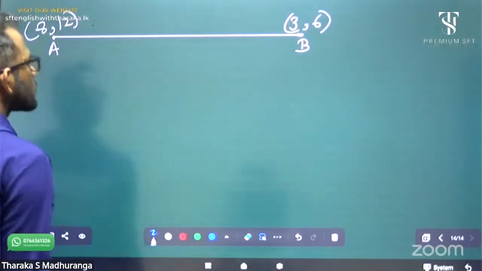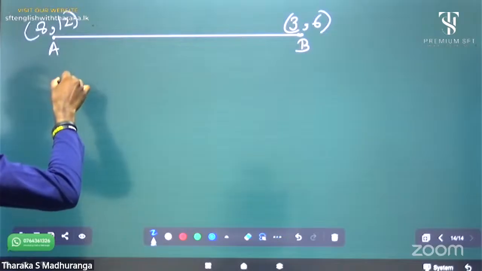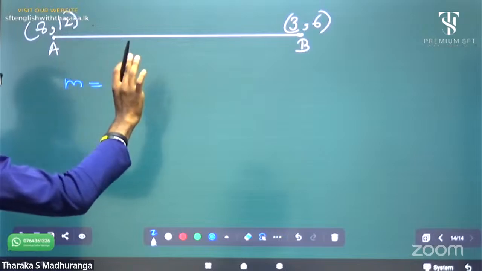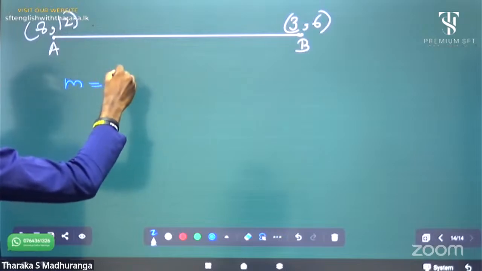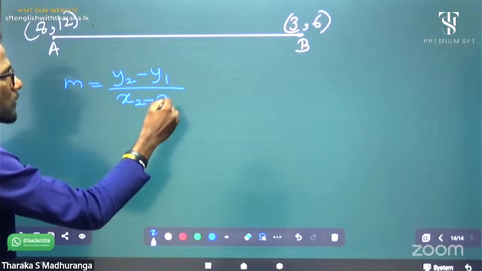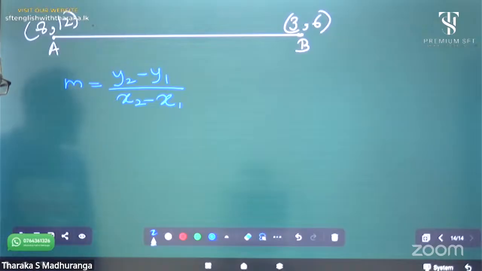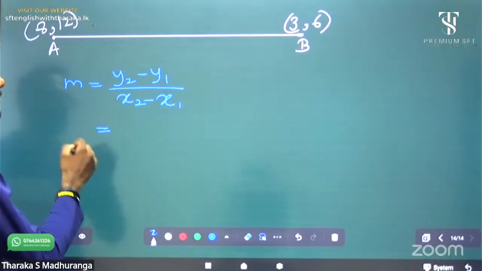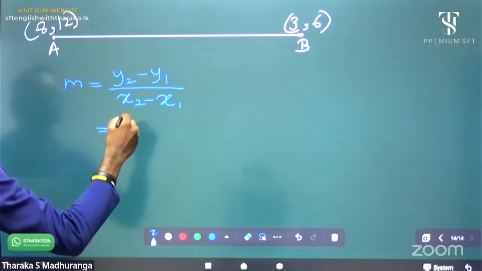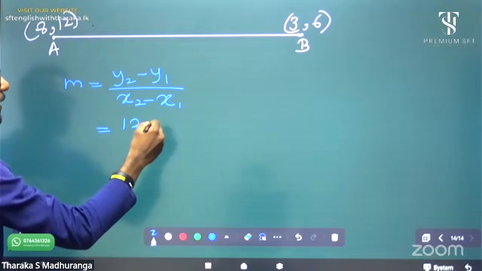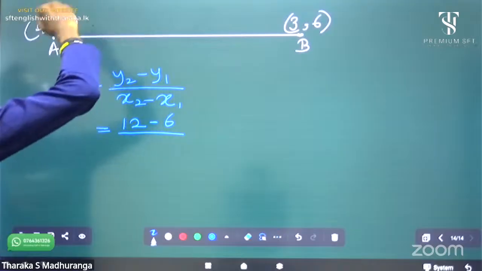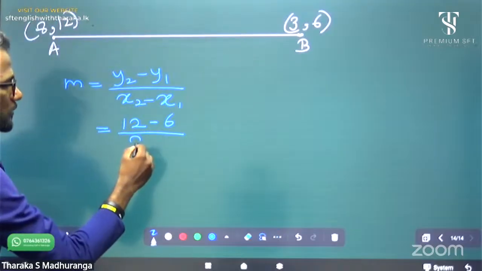Okay, what's the method? This is exercise number 1, gradient. m equals, very easy, now you don't need to draw Cartesian planes. y2 minus y1 divided by x2 minus x1. y2 minus y1, 6 minus 12, or 12 minus 6, both are correct. 12 minus 6, and in the same direction for x, 8 minus 3.